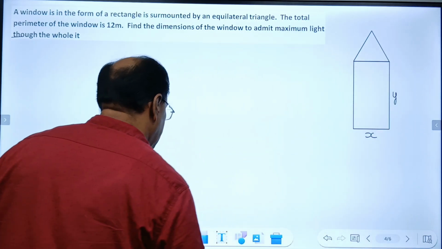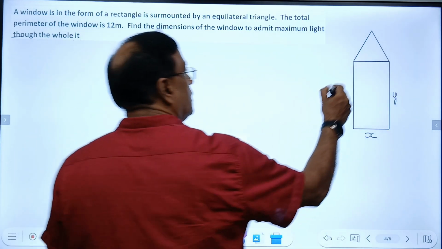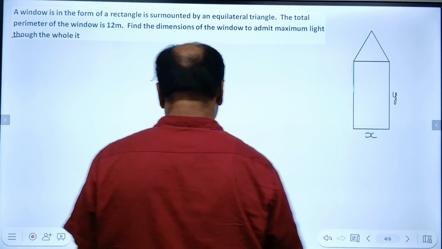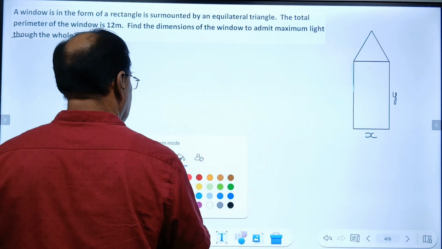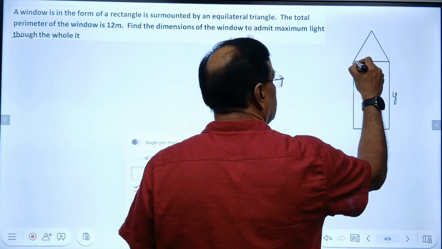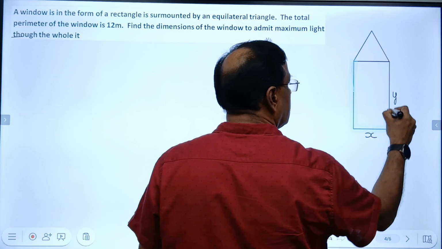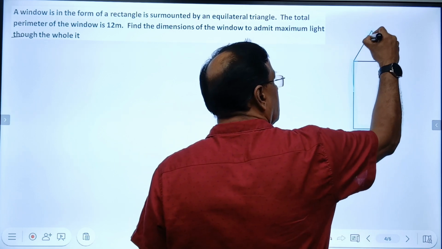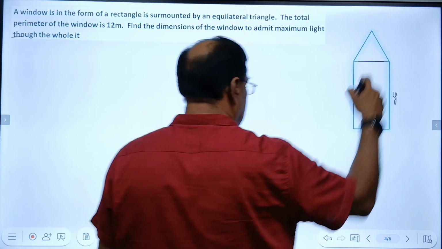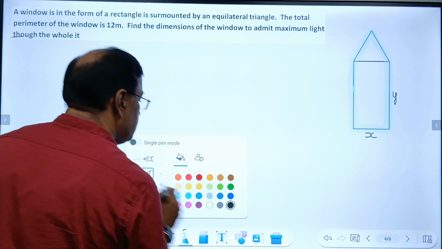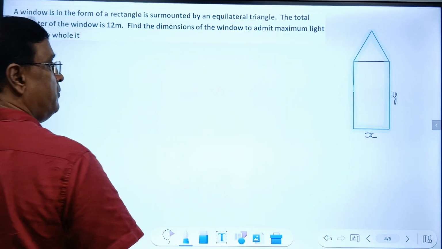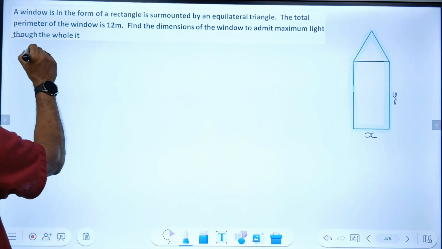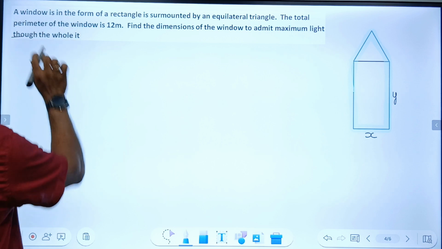Okay. Now perimeter means what? The outer region. This is the perimeter. This is not included. Okay. So what is perimeter given to us? Perimeter is 12.